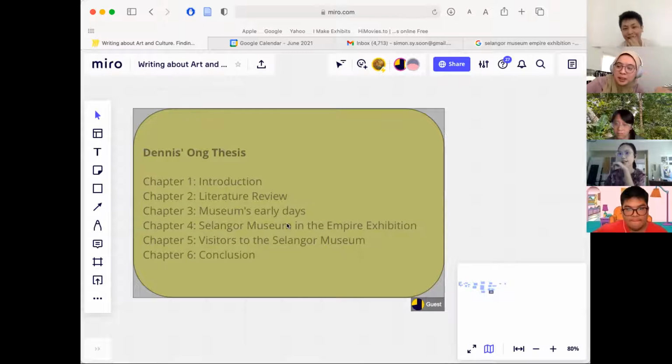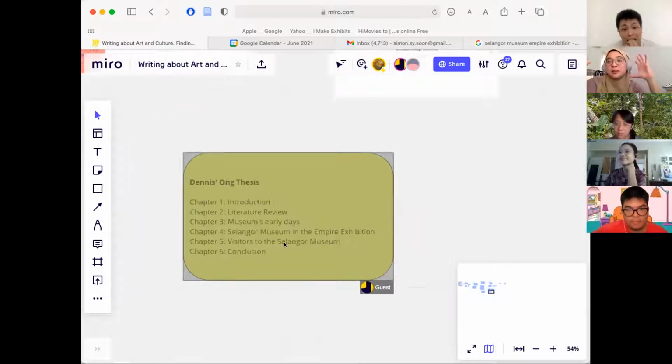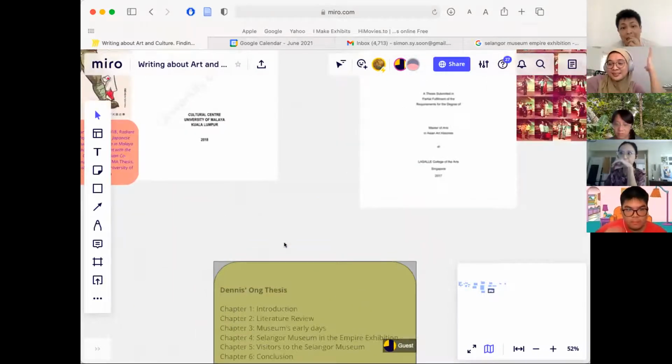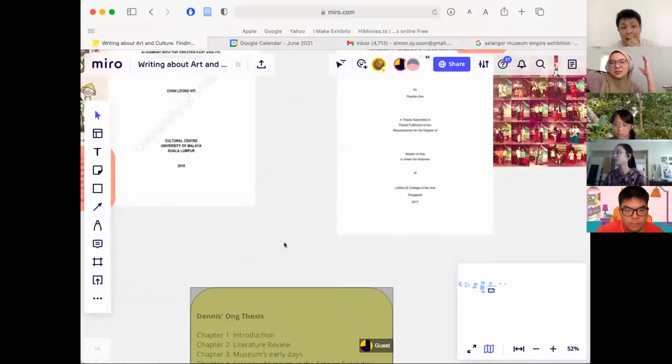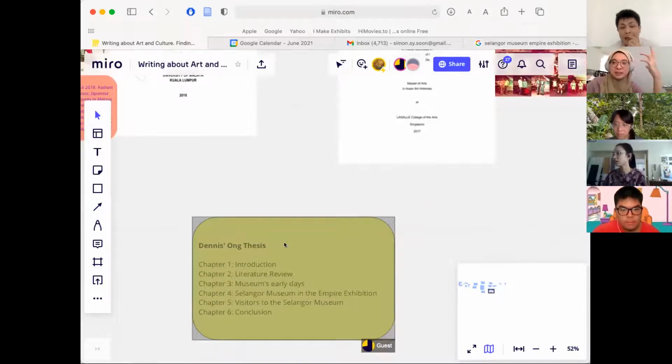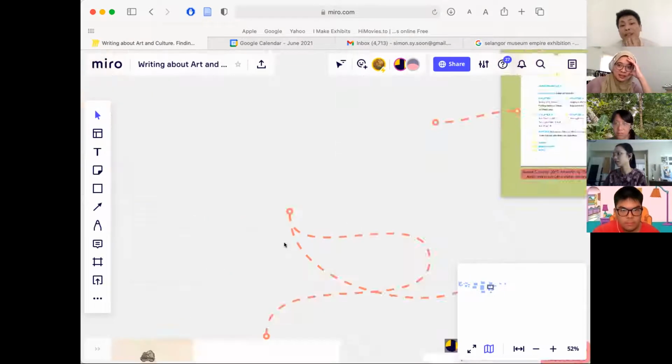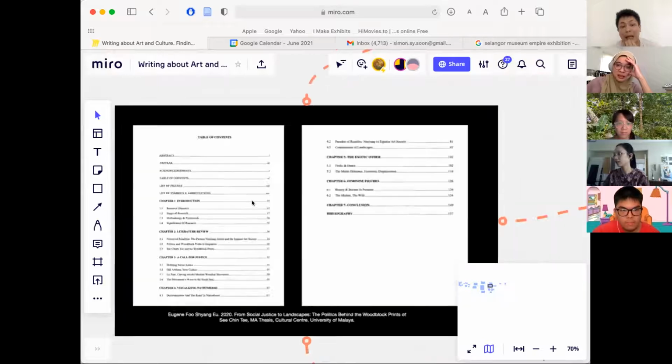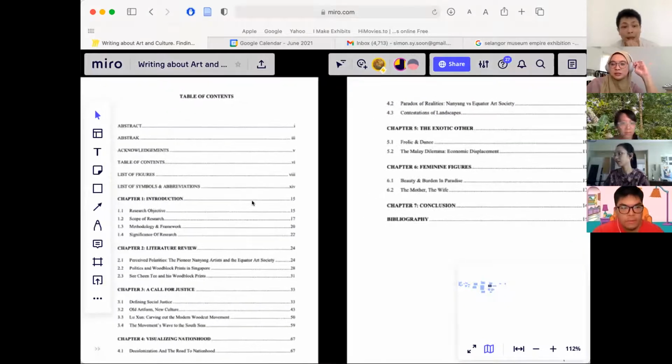I think it also helps if you do subchapters. Just force yourself, don't think about the whole of what you're going to write, or the details. If you can do chapters and subchapters, that would really help.